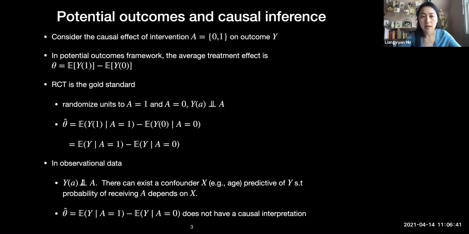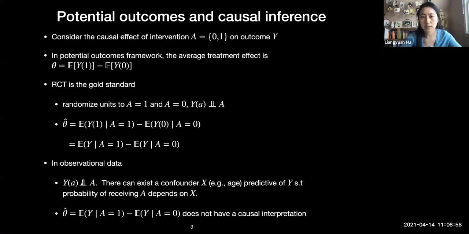And then the randomized control trial is typically the gold standard to estimate the causal effect, in which we would randomly allocate patients or units to receive either the treatment or placebo.